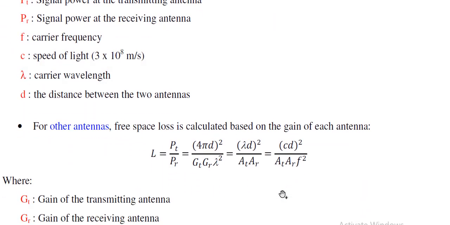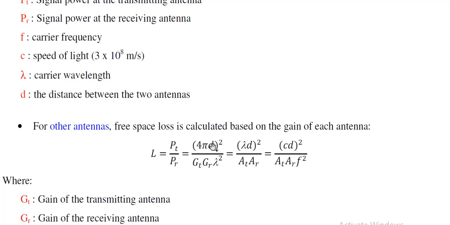Now, if we are using different types of antennas, let's say the half wave dipole or the quarter wave dipole or the parabolic antenna, now we apply the antenna gain that we saw before, the G. We add G_T, the antenna gain of the transmitter, multiplied by the antenna gain of the receiver.